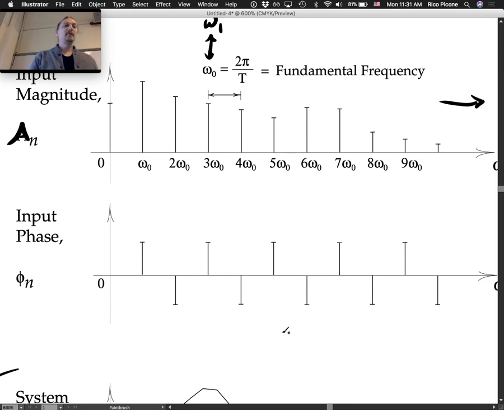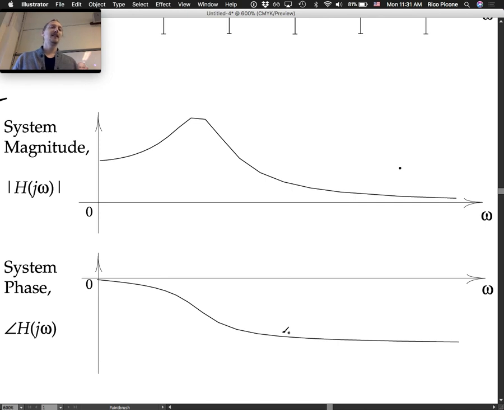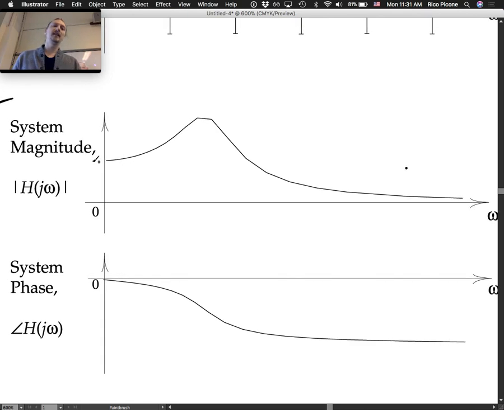Then we put this input signal into our system with our frequency response function H. The frequency response function H has a Bode plot like this. Actually, this Bode plot is slightly atypical in that it is not in dB. It's just an amplitude.